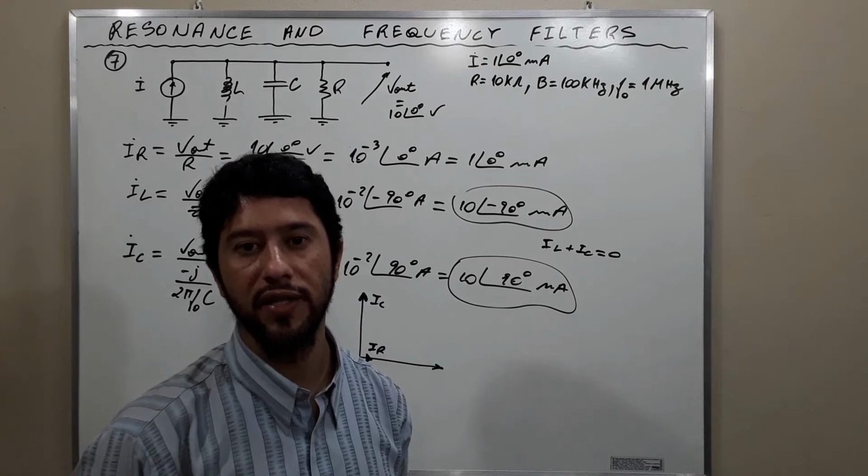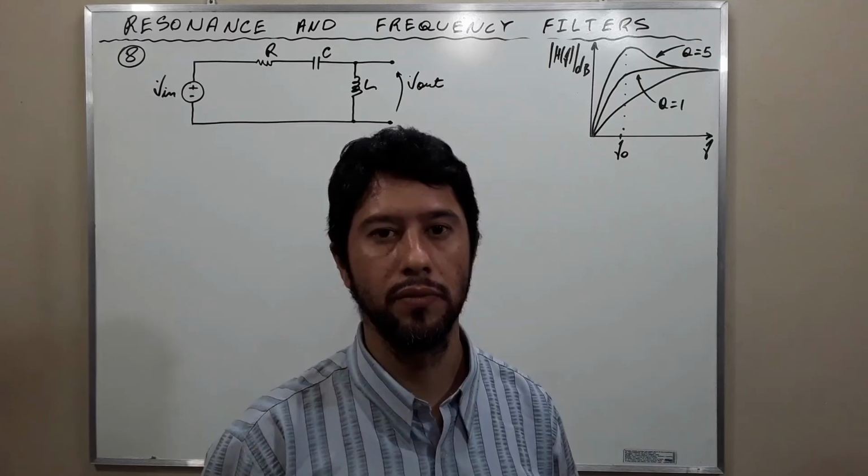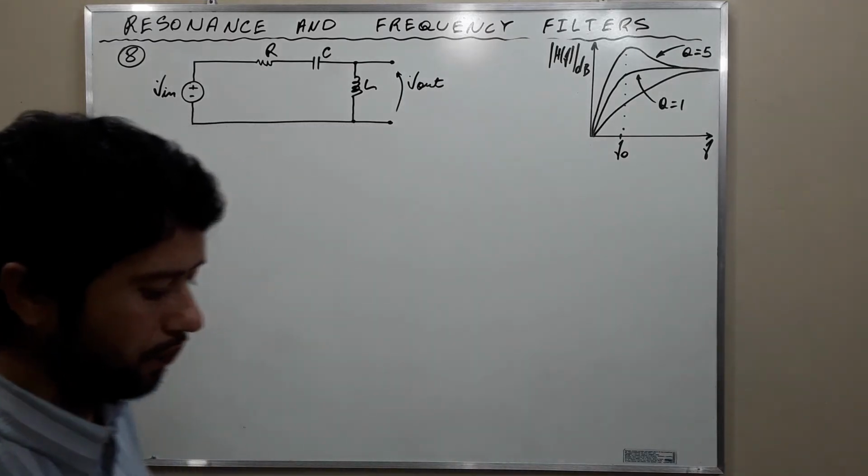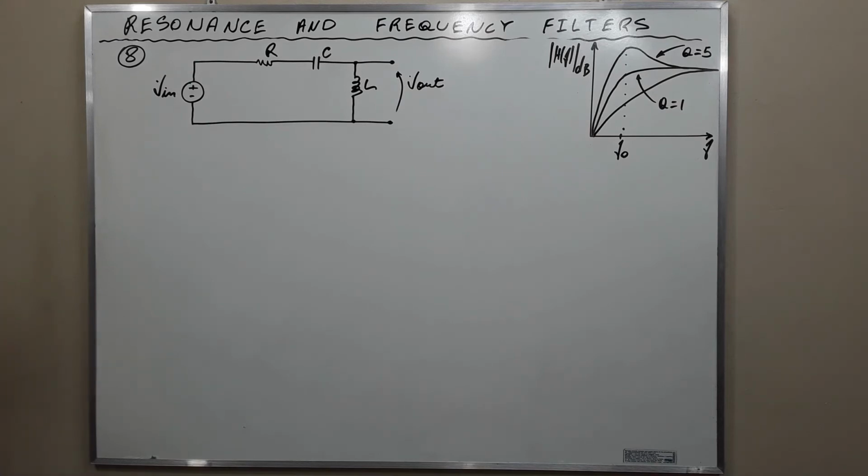Let's go to exercise 8. Exercise 8. Design a second order high-pass filter that passes components higher in frequency than 1 kHz and rejects lower frequencies.